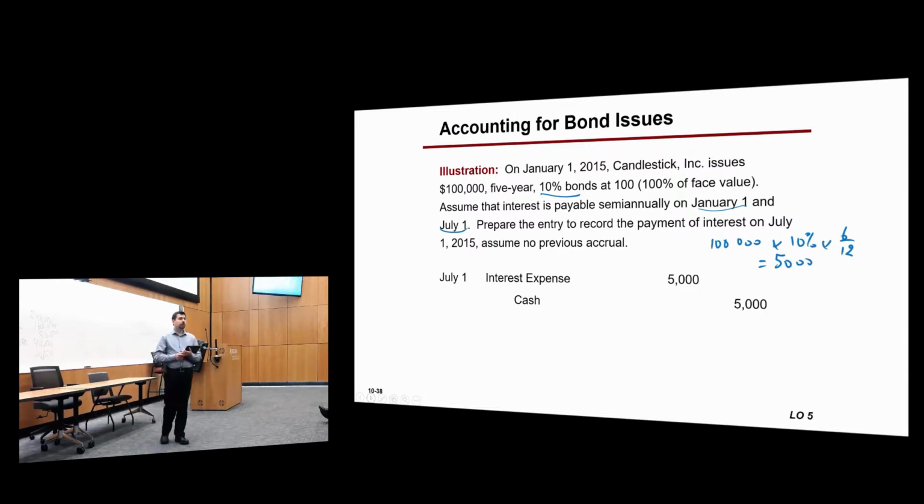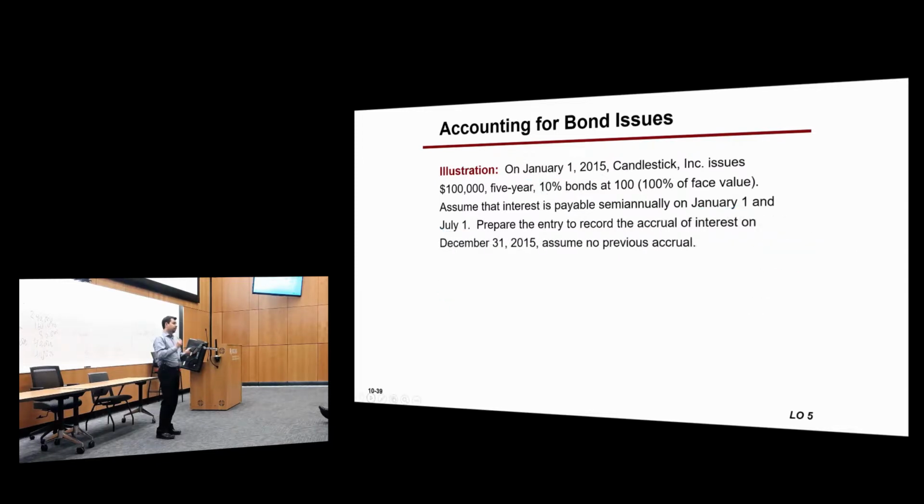Okay? Now the next payment will be on July 1st because the company signed it on January 1st. When is the next journal entry? That's the next payment. But when does the company have to recognize interest? End of the year. So on December 31st, the company will still have to recognize interest that has accrued but is not paid yet.